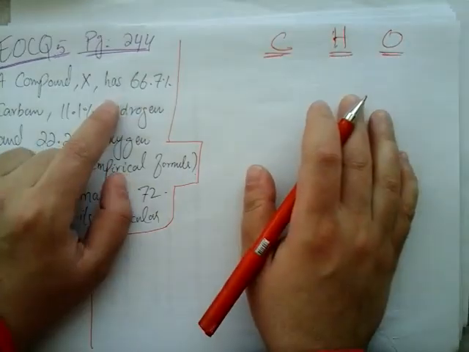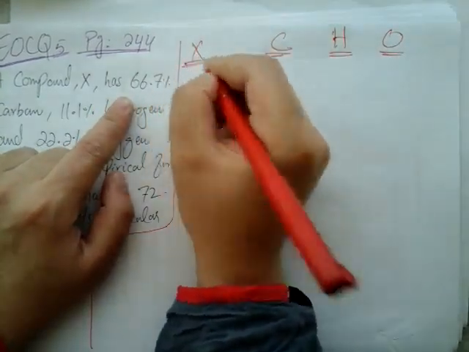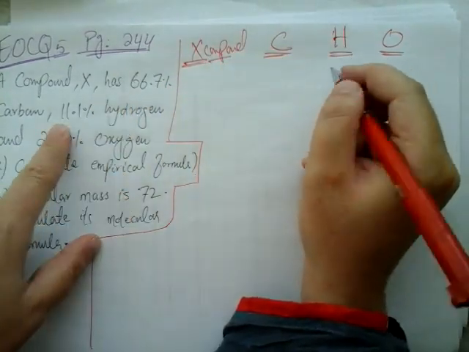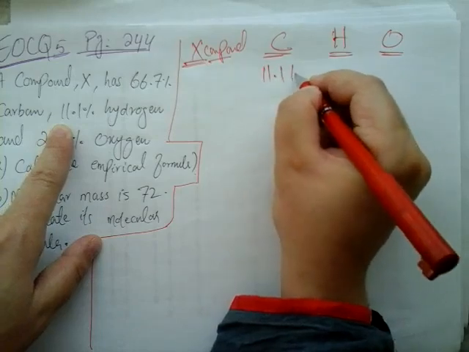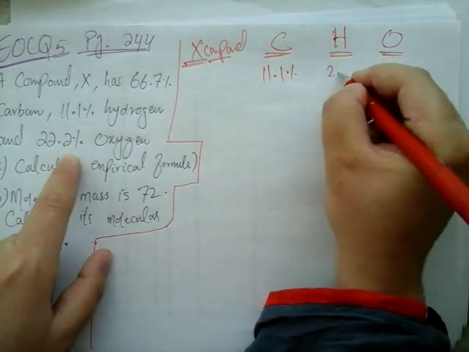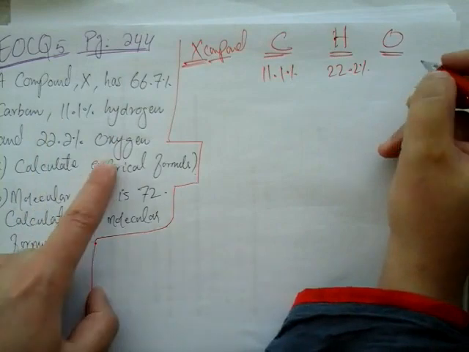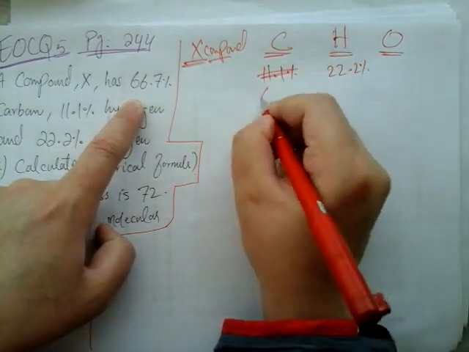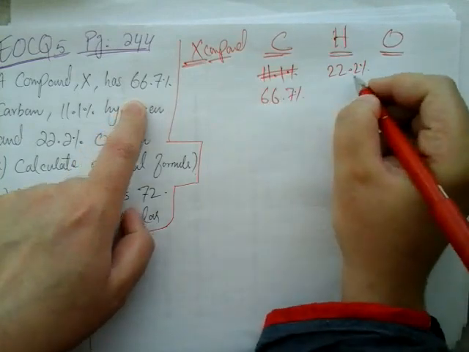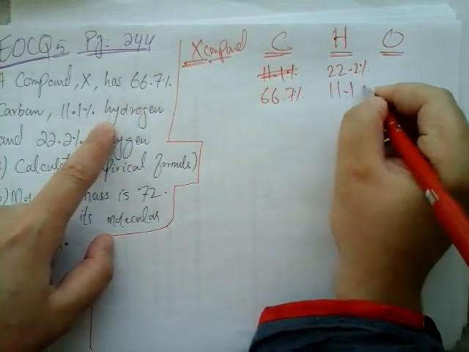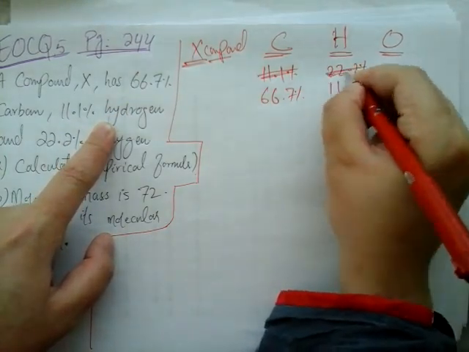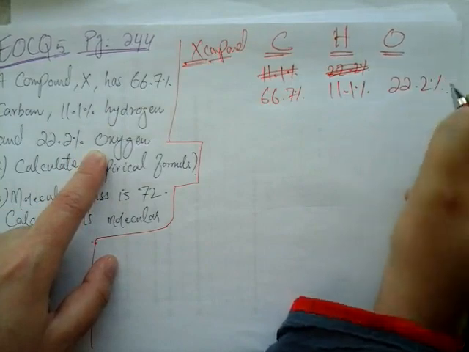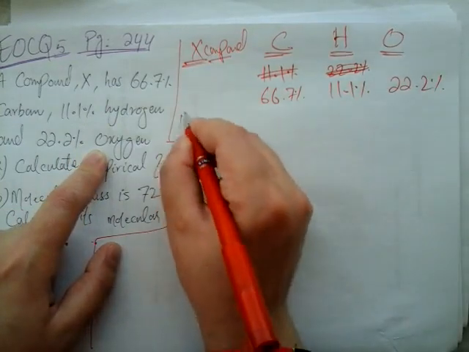Percentage composition of this X compound: carbon is 66.7%, hydrogen is 11.1%, and oxygen is 22.2%. We will convert them into gram weight.